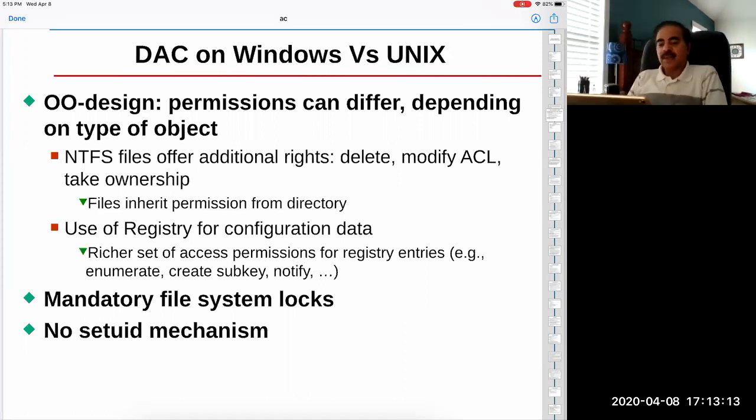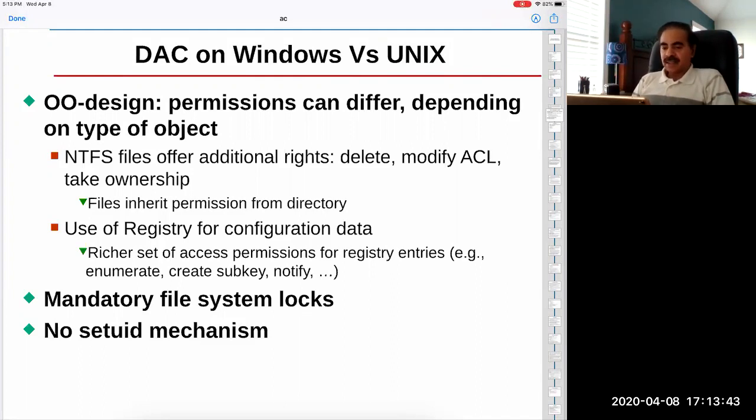Instead, in order to have high privilege, you have to have different mechanisms in the operating system. And the most common mechanism is that you are the child of a process that's already running with root privilege. That's how you get root privilege. So in terms of the permissions themselves, there are a few additional features in Windows.